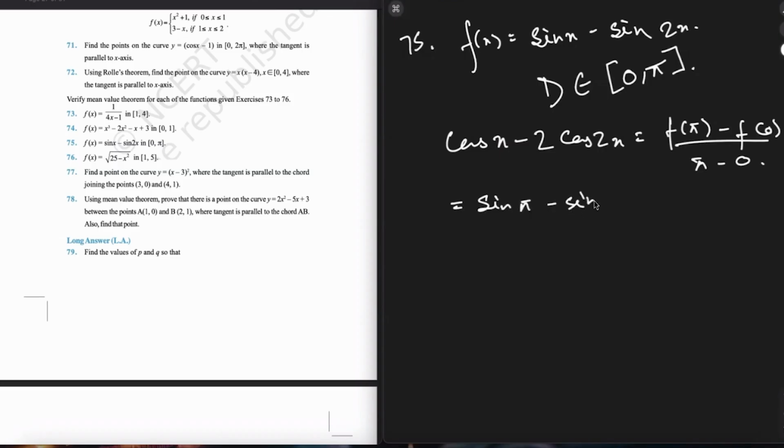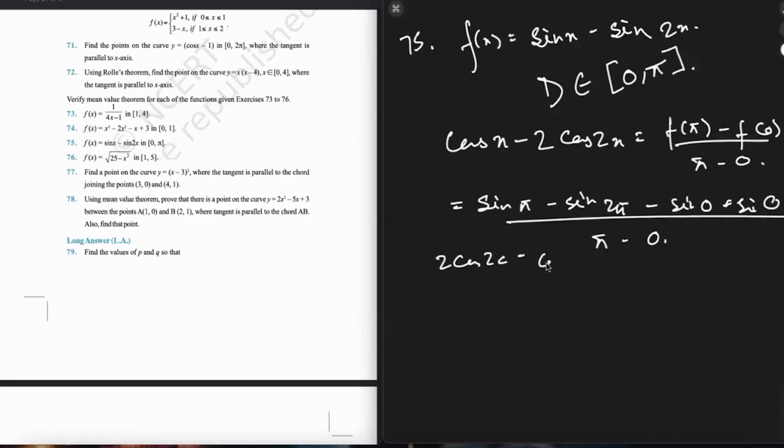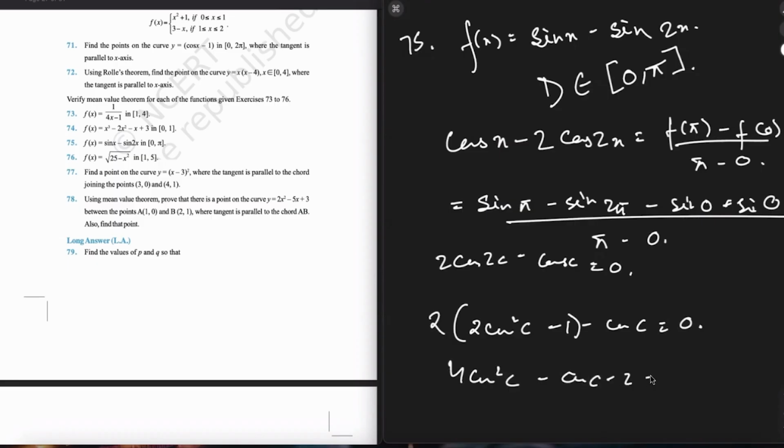साइन पाई माइनस साइन 2 पाई माइनस साइन 0 प्लस साइन 0 होल पाई माइनस 0. तो 2 cos 2c माइनस cos c इक्वल टू 0. ठीक है, 2 टाइम्स cos स्क्वायर c माइनस 1 माइनस cos c इक्वल टू 0. तो 4 cos स्क्वायर c माइनस cos c माइनस 2 इक्वल टू 0. तो cos c की वैल्यू 1 plus minus under root 33/8 आएगी.